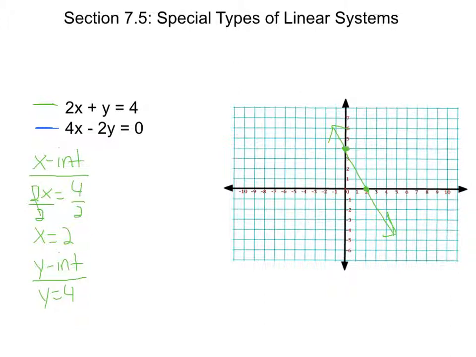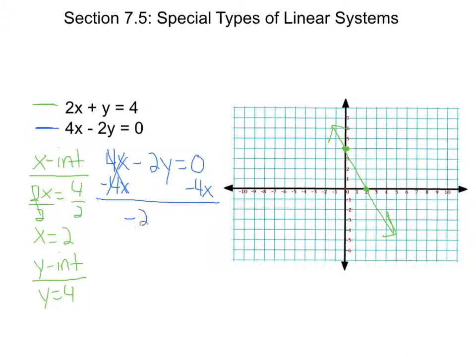Okay, so what we're going to do is we're going to rearrange that into y equals mx plus b form. So we're going to start by rewriting that. So we have 4x minus 2y equals 0. We're going to subtract our 4x to both sides.